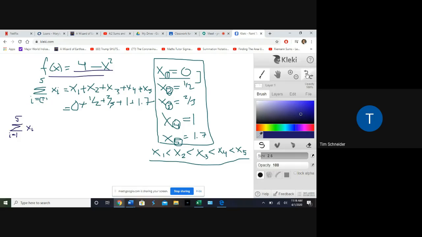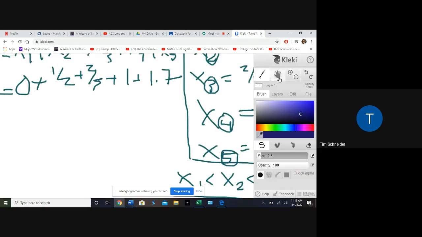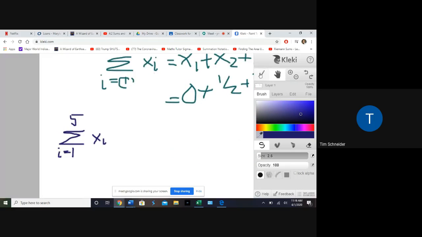Now, I'm going to actually have to zoom in here. This is a very tricky concept. x sub i plus 1 minus x sub i. Oh, goodness.